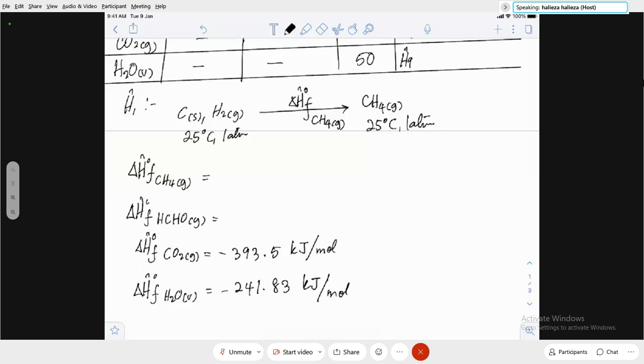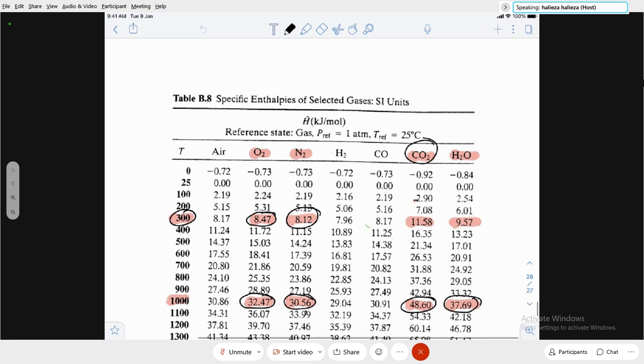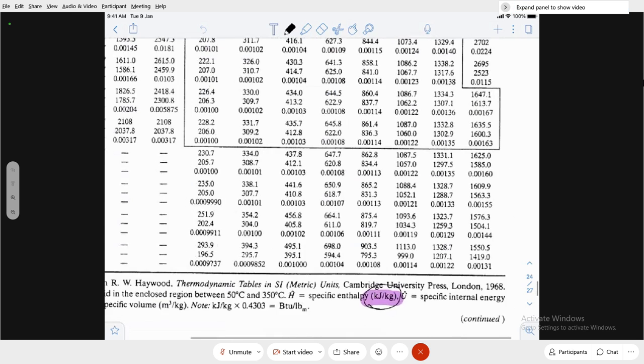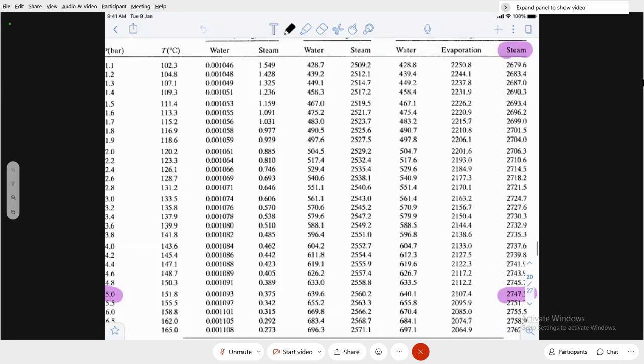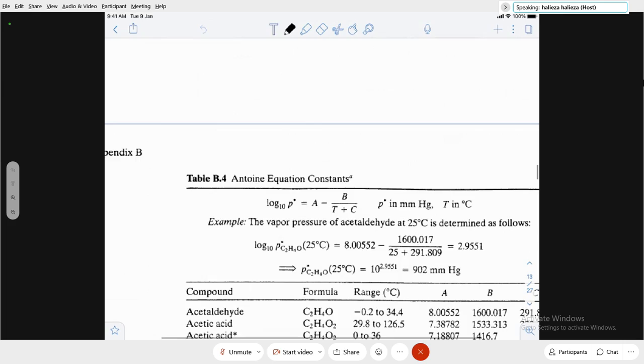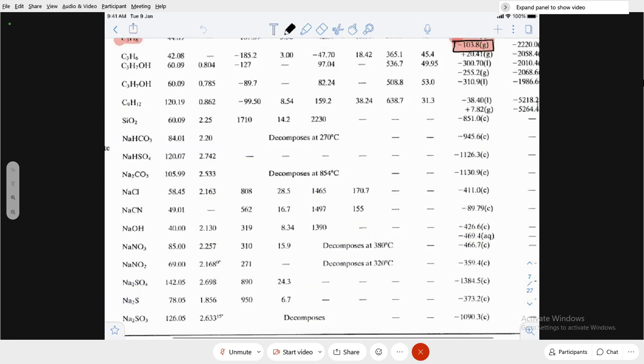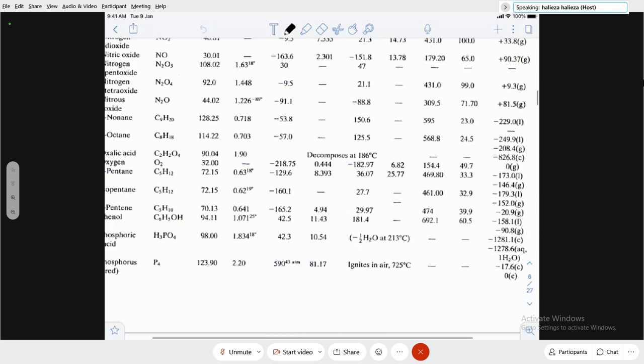For methane and formaldehyde, we still need to look them up. So let's go to appendix B1. For those of you who have your textbook, you can look it up in appendix B1.